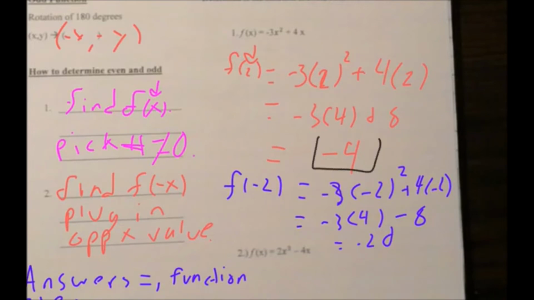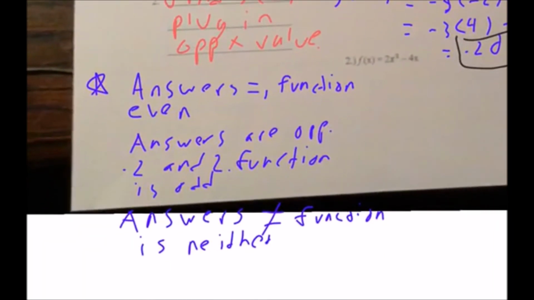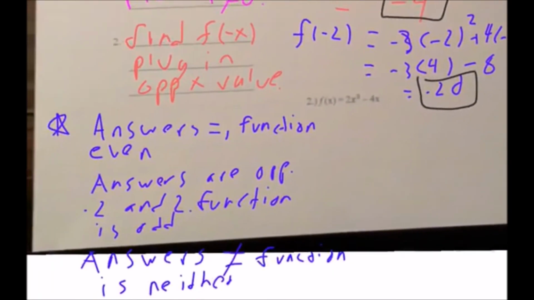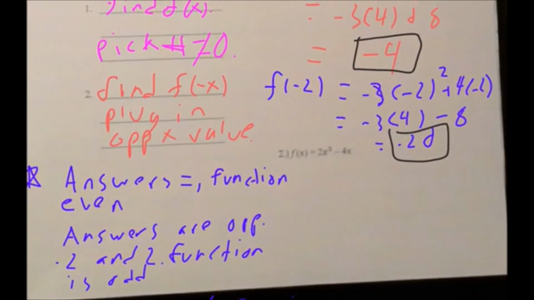Now, if we come over here, remember I said we're looking at our answers. So we have -4, we have -20. So if we look over here where I had you star stuff, are the answers equal? -4 and -20? Absolutely not. Are the answers opposite? They're clearly not opposite.